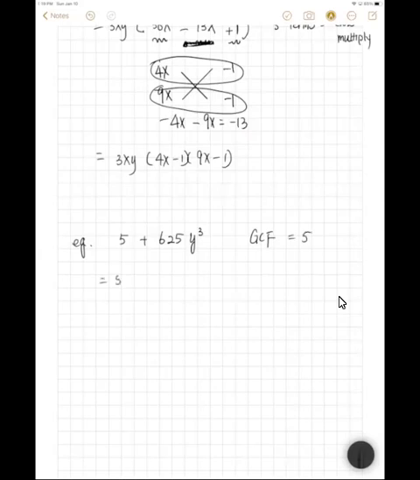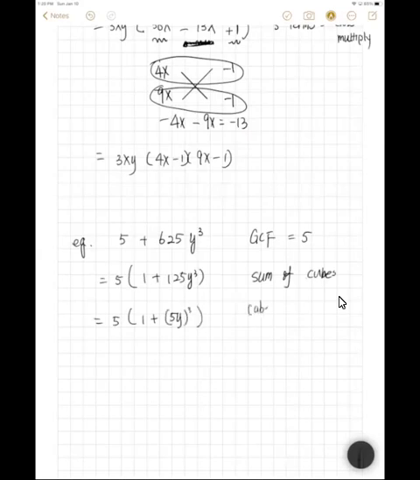I have 5 out and then 1 plus 125y cubed. And then 125y cubed, we know that we need to use the sum of cubes. So I can write it as 5y cubed.